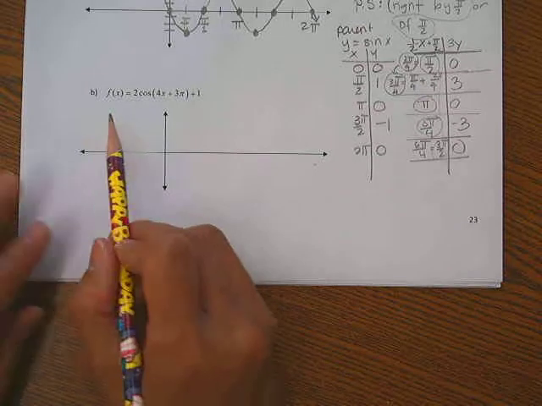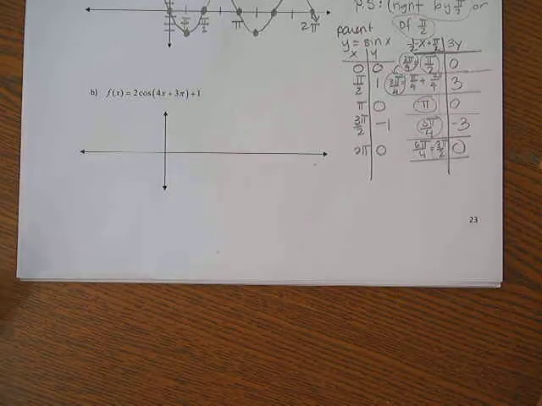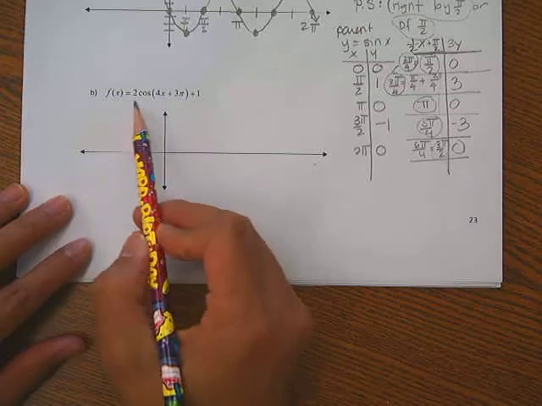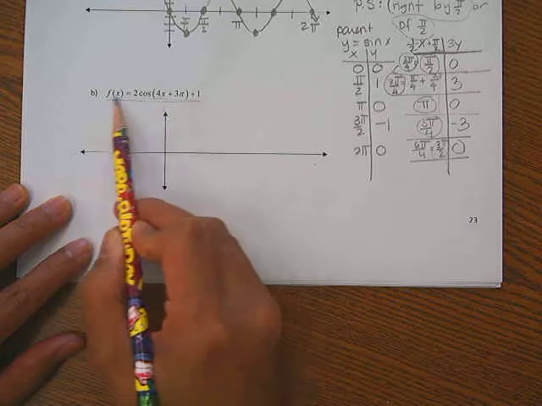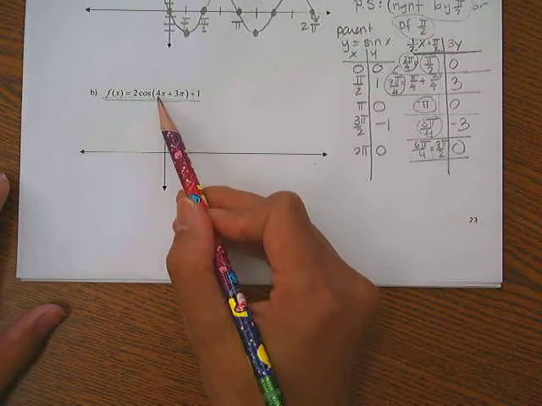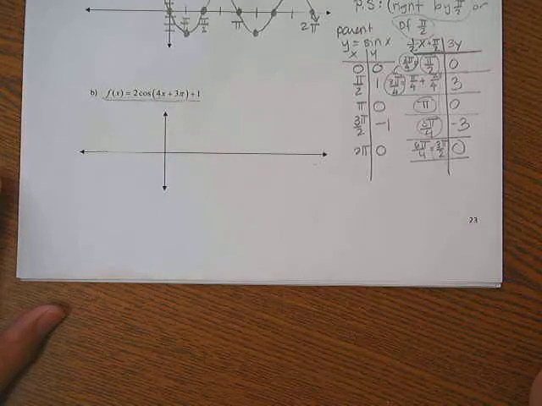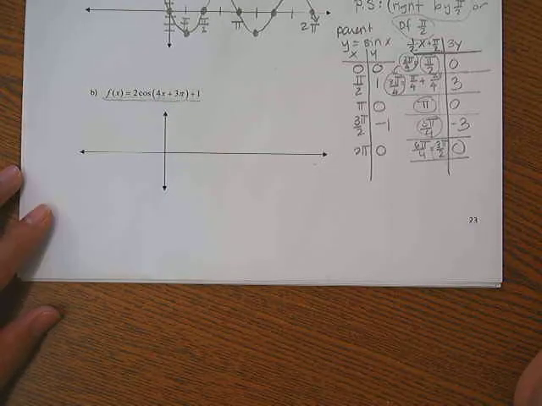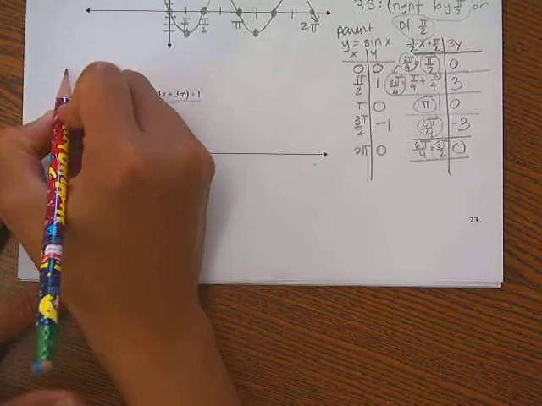Okay, so first let's state all of the amplitude, the period, the phase shift that they've asked for in the direction. But before we do that, what do we need to do with this function? What is the most important thing? Is there a leading coefficient on the x that we need to factor? Yes. Okay, so factor it out.